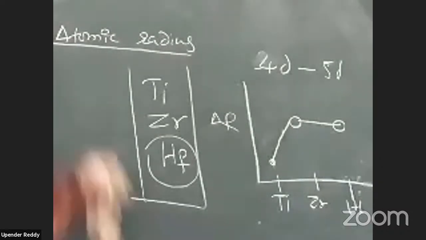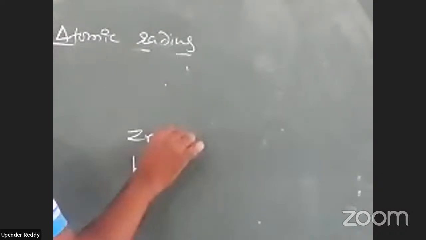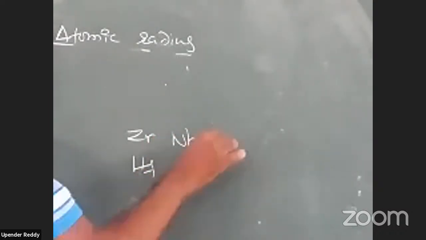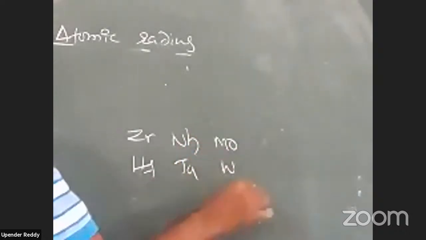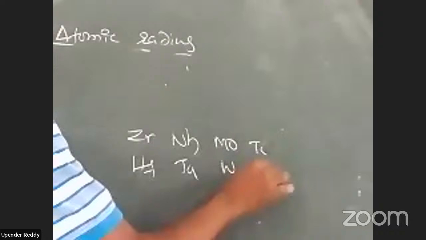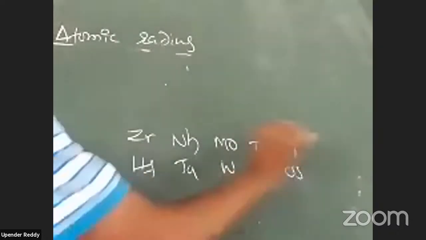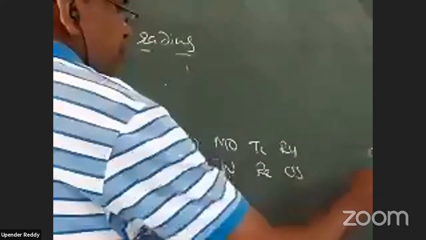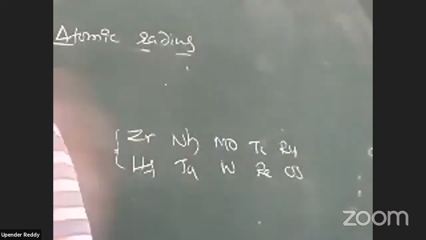So what I am telling here is the sizes of the fourth and fifth periods: zirconium, hafnium, niobium, tantalum, followed by molybdenum, tungsten, technetium, rhenium, ruthenium, osmium, all the way up to cadmium and mercury. These sizes are almost the same.